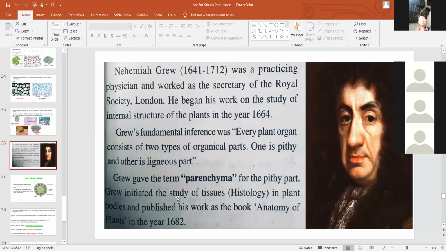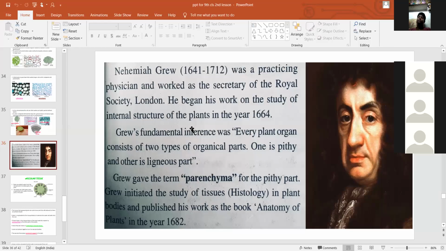He studied the internal structure of the plant in the year 1664. This was Nehemiah Grew.